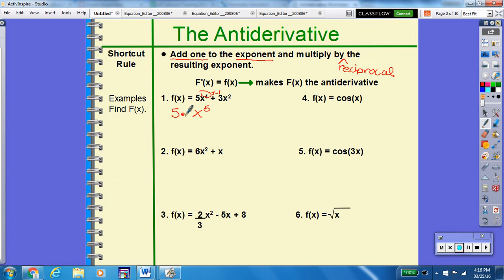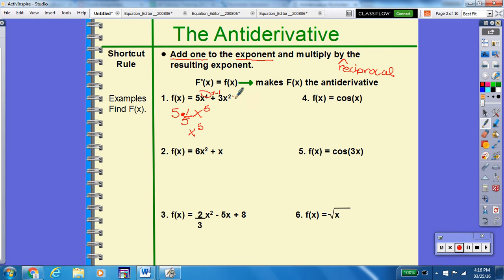We're going to multiply by the reciprocal of that power that we ended up with, which is 1/5, and you're going to notice that it reduces to 1. So this term itself will become x to the fifth power. Some of you might have just thought about it logically: if we add 1, the power is 5, and if we take the derivative of that, you would get 5x to the fourth.